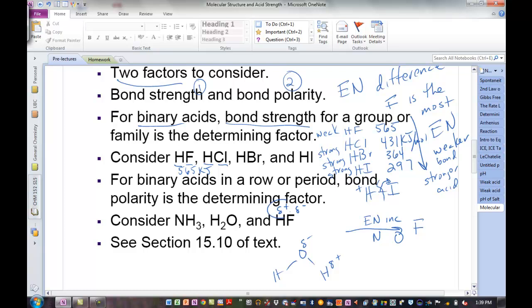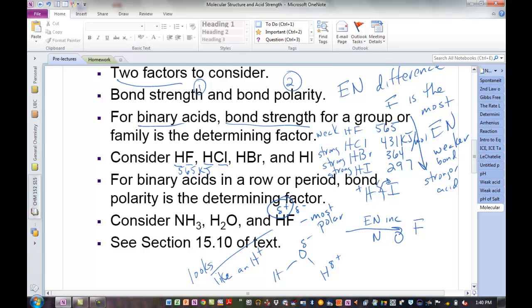The more this looks like an H+, the more polar that bond. HF is the most polar bond of that group, the more that hydrogen looks like an H plus. So again, polarity, charge separation. Fluorine builds up a partial negative charge.